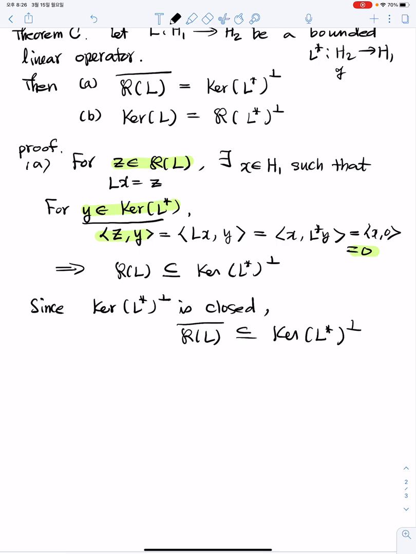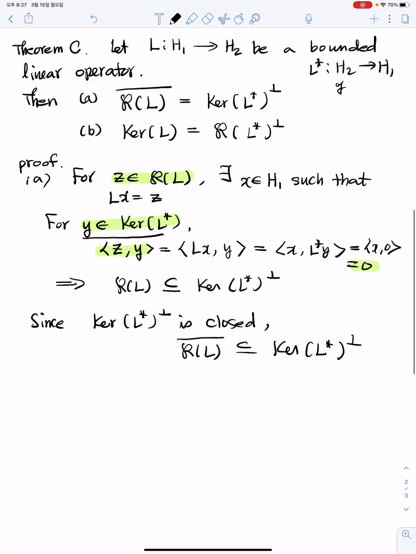That's what we have. And so I have the closure of the range of L is a subspace of the kernel of L star orthogonal.